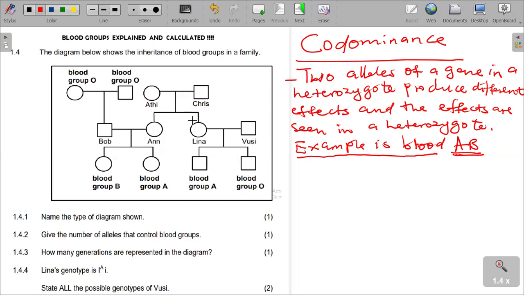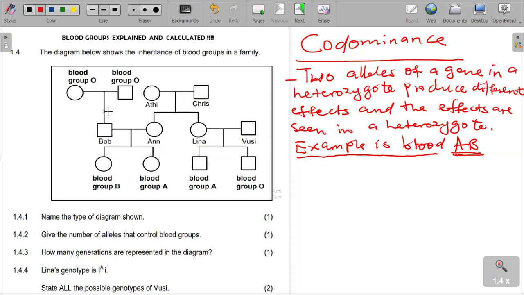The diagram shown there is used to explain the inheritance of characteristics in a family. The horizontal lines represent individuals who are making a family, and the vertical lines going downward show descendants, which are children from a certain family.